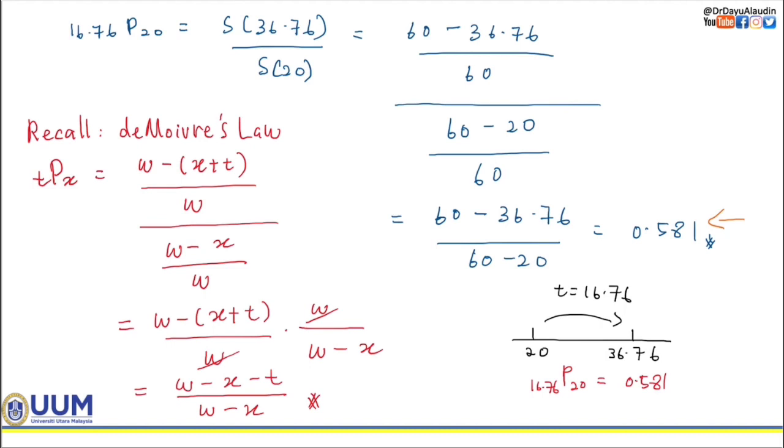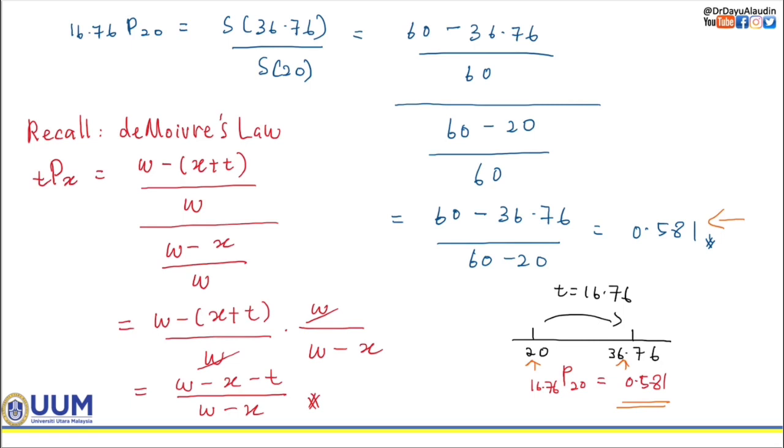So the probability of survival from age 20 to age 36.76 is 0.581, in order to make sure the insurance company has sufficient funds.